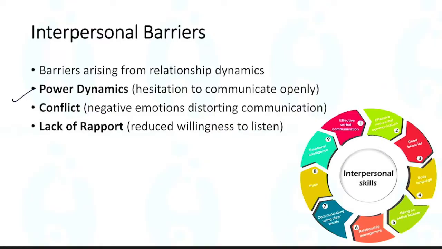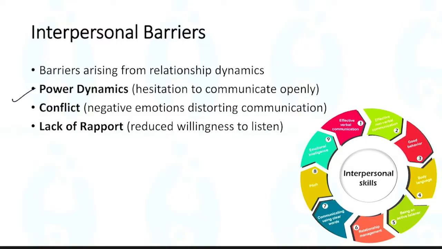That will create imaginary walls between the two communicators, which will lead to hesitancy. The less powerful individual hesitates to communicate with the person of higher power. For example, in a student-teacher setting, the student is the low power individual. When we consider the power balance, the student is actually less powerful than the teacher in a classroom setting, right?